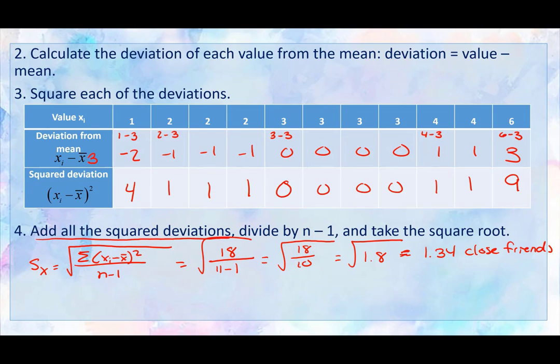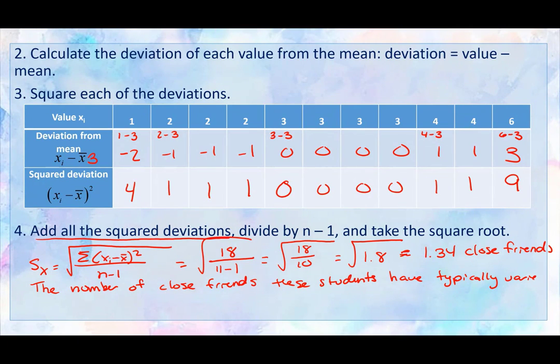So this means that the number of close friends these students have typically varies by about 1.34 close friends.